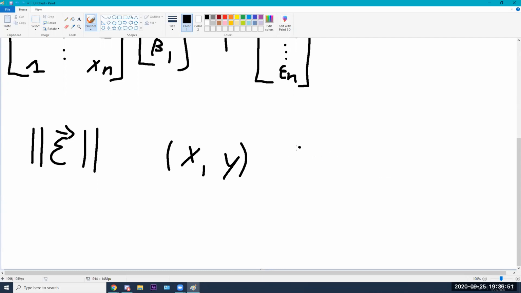You have the equation a squared plus b squared equals c squared, and so to solve for c, the distance, you just take the square root of a squared plus b squared. And that's what you can do in 2 dimensions.